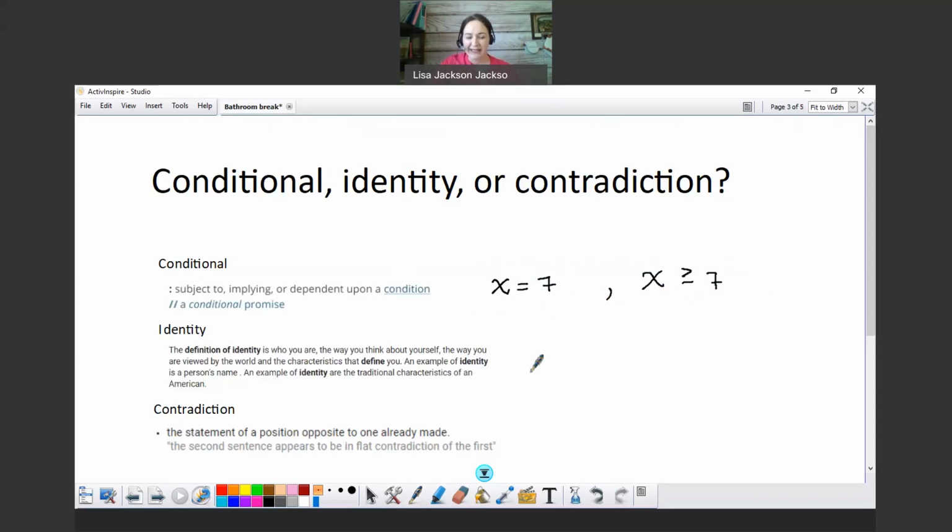An identity then, once you've solved an equation that's an identity, you get something strange like this or this. Is there any time that 23 does not equal 23? Or x, whatever x represents in that equation, is going to equal itself. That's an identity.